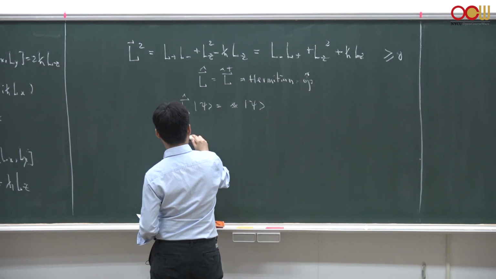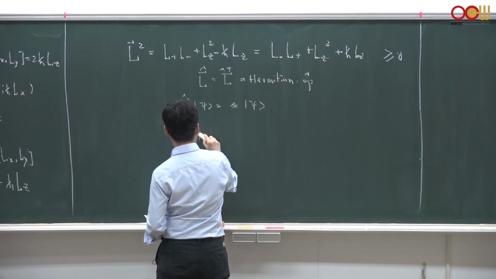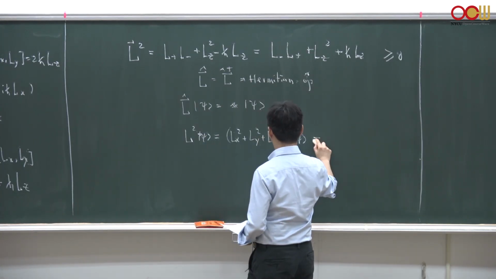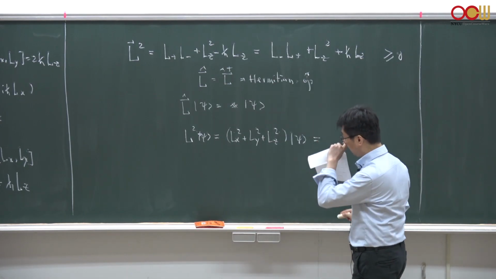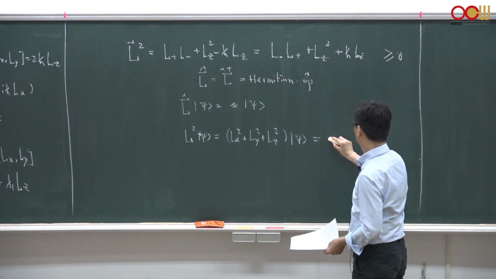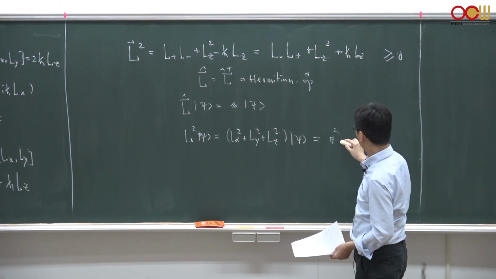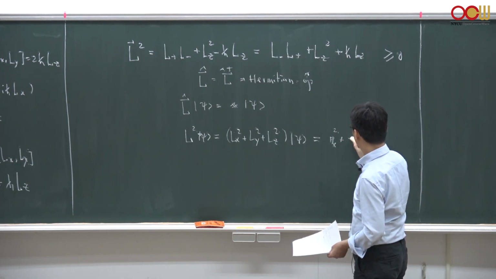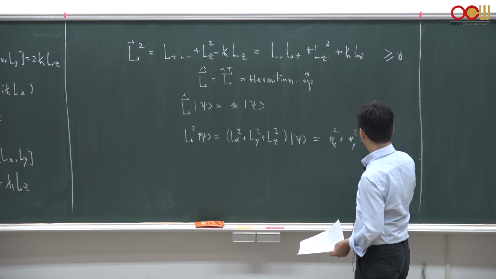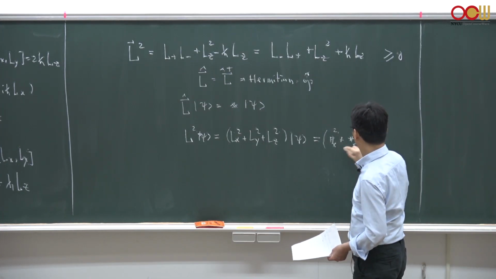But L squared should be the square of this eigenvalue for Lx plus the square of the eigenvalue for Ly plus the square of the eigenvalue for Lz.